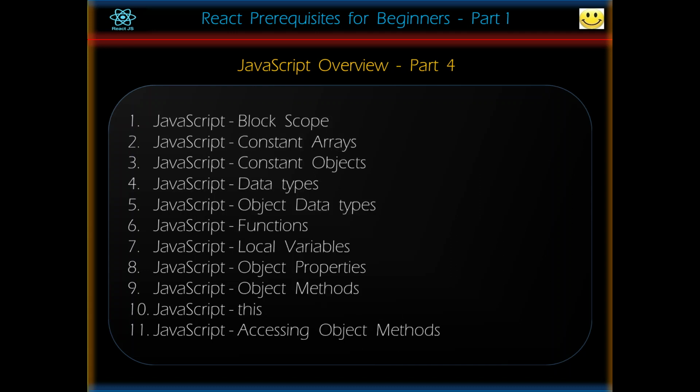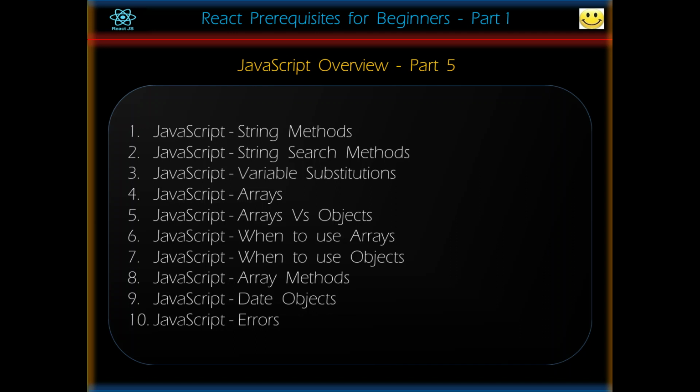In the next lecture, JavaScript overview, part 4. In this lecture, we will learn about JavaScript block scope, constant arrays, constant objects, data types, object data types, functions, local variables, object properties, object methods, thus accessing object methods.